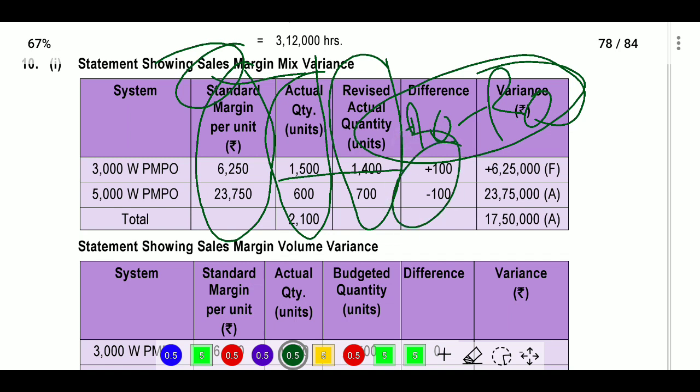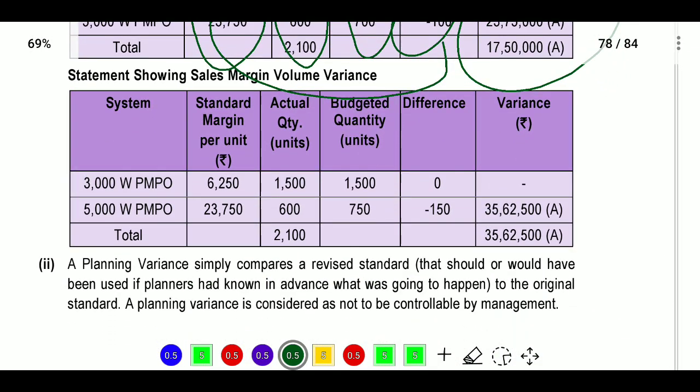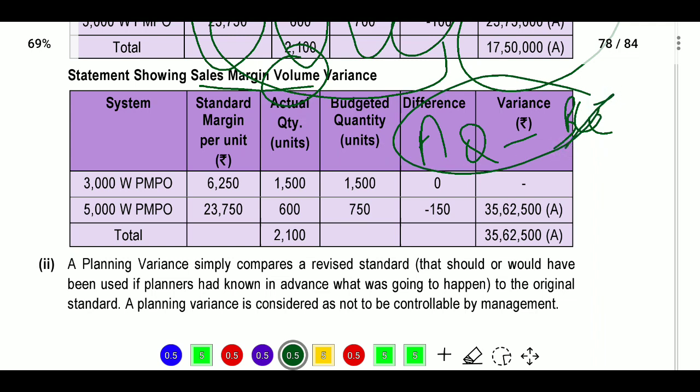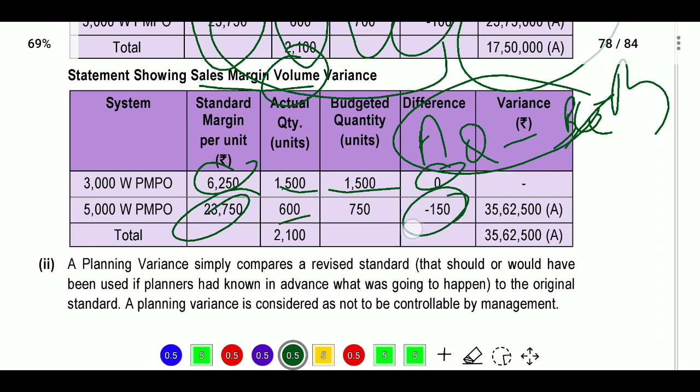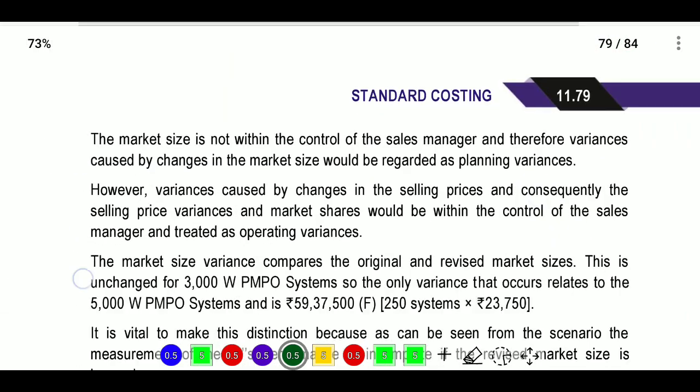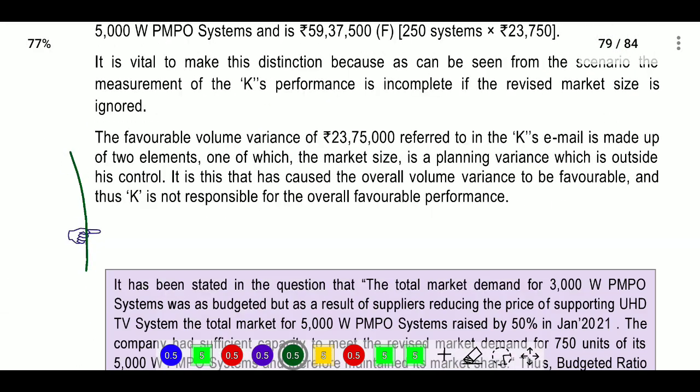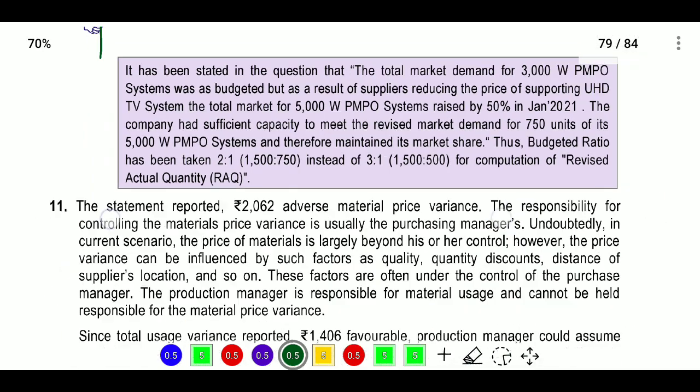So we get a positive case and a negative case, into which we calculate the margin, which is the margin mix. For the sales margin volume, we take the actual quantity minus the budgeted quantity, into the margin. So this will become 1500, it will become 0, and 150 minus 150 into 23,750, and you will get the answer. We will write the same in points, and I will take it up in the next video.